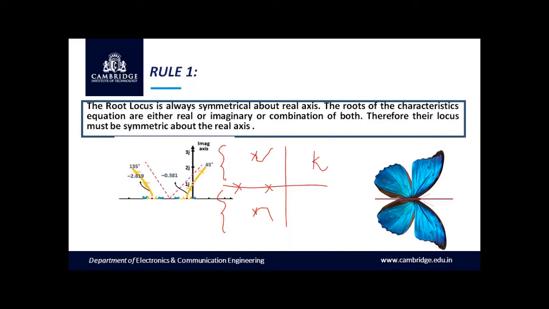This is an example of a root locus in which one half looks exactly like the mirror image of the other. Hence, we can say that the root locus is symmetric with respect to the real axis.